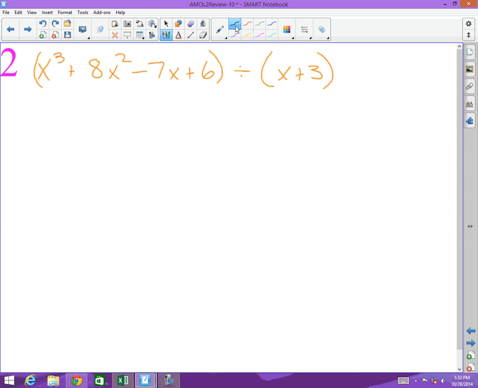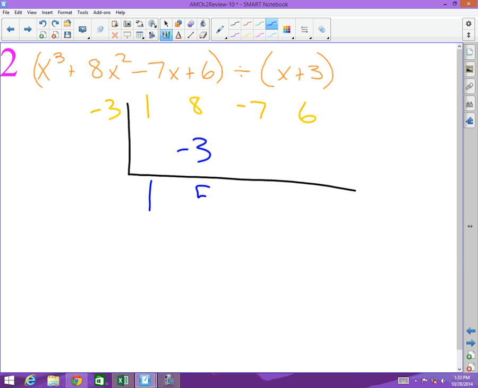Finally, there's this, just dividing, and you would put negative 3 on the outside, a 1, an 8, a negative 7, and a 6 on the inside, and then go through the process. Add down, that's 1, multiply, that's a negative 3, then you have 5, multiply is a negative 15, that's a negative 22, positive 66, and then 72.